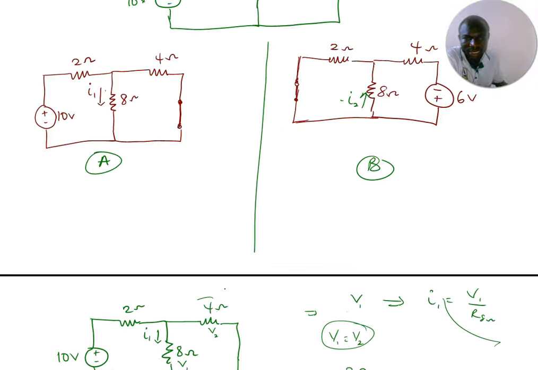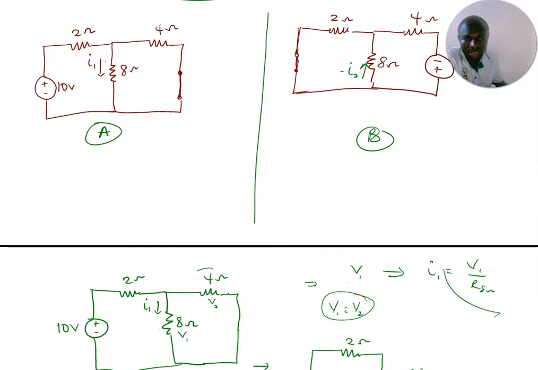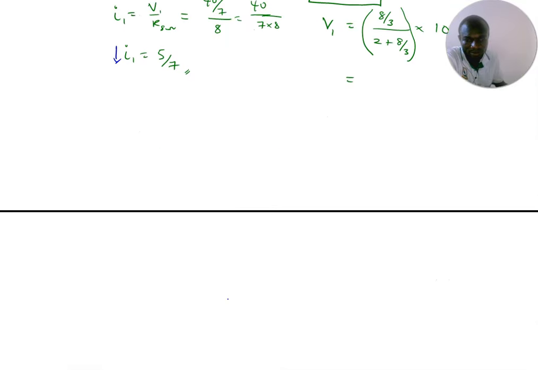We also redraw the circuit again. Let's redraw that circuit. That's the B circuit, right? So we have 2 ohms here. We have 8 ohms here. Then we have 4 ohms connected to minus plus 6 volts.